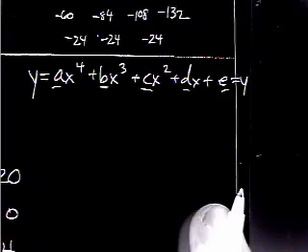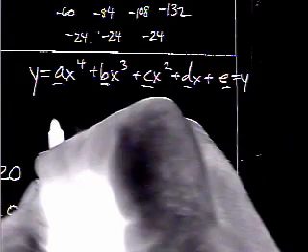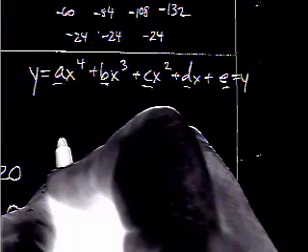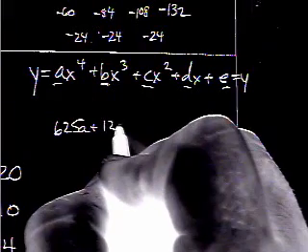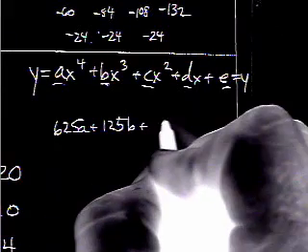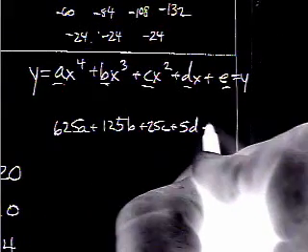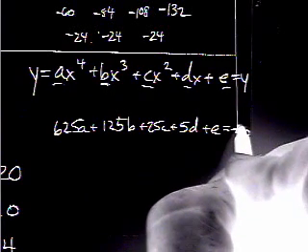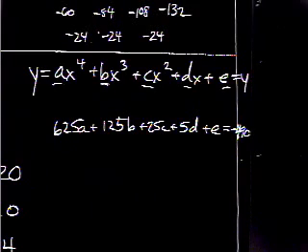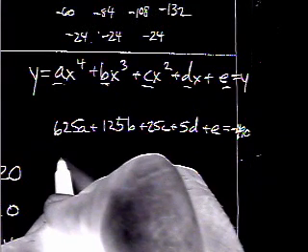So I can write my equations. 5 to the fourth power, what do we got? 625a plus 125b plus 25c plus 5d plus e equals negative 490. Sorry, I'm running out of room here. Plug in a 4.